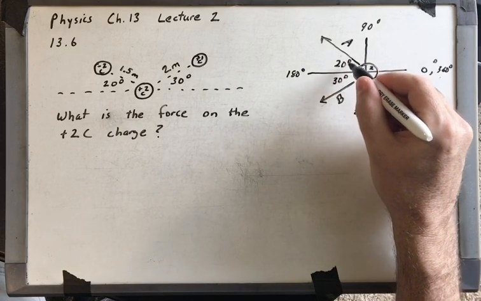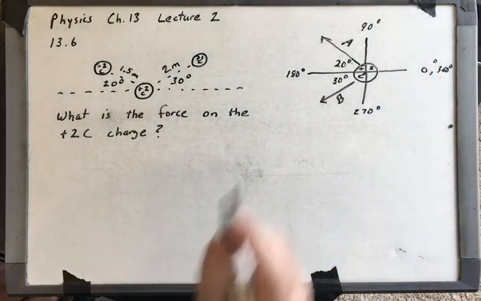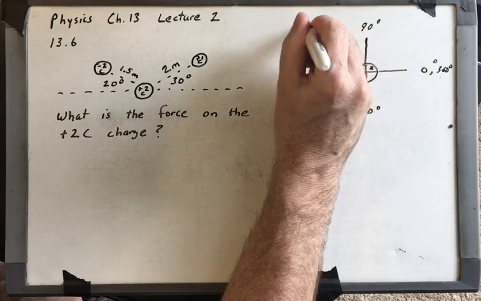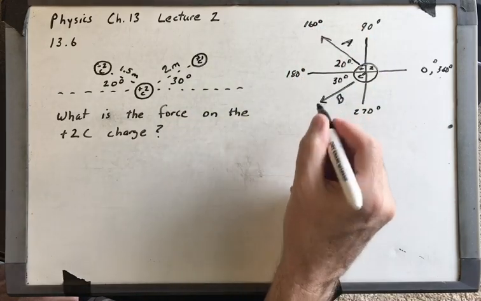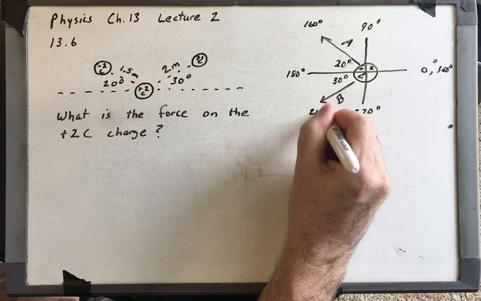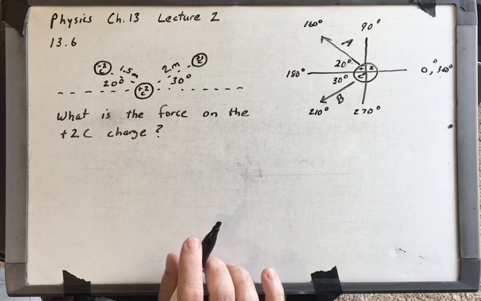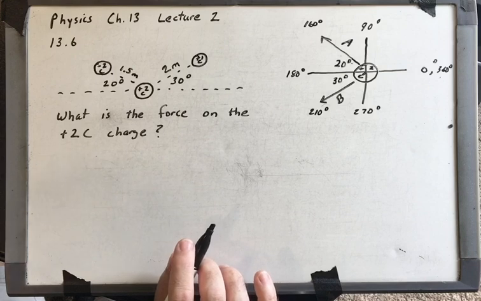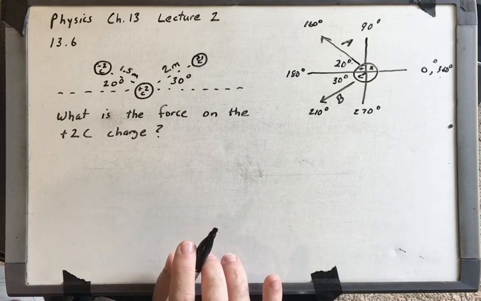So if it's 20 degrees, that's going to be 160 degrees, right? And this is 30 degrees below 180, so that would be 210 degrees. Okay, so you have to get that right, or you'll end up getting the wrong numbers if you use the wrong angles.